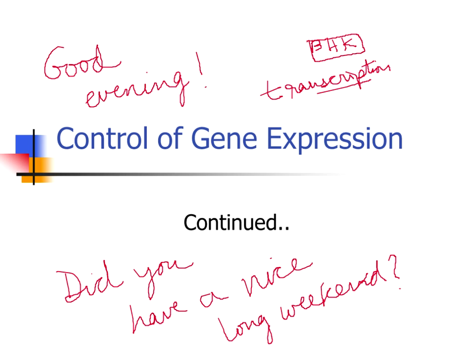So last week we started talking about control of gene expression, how gene expression is controlled in different types of cells, but we focused mostly on control at the transcription level, where the DNA is transcribed into messenger RNA, right? And there are various mechanisms that we discussed that are used in different types of cells to control the transcription.